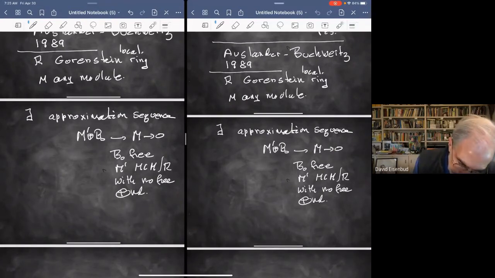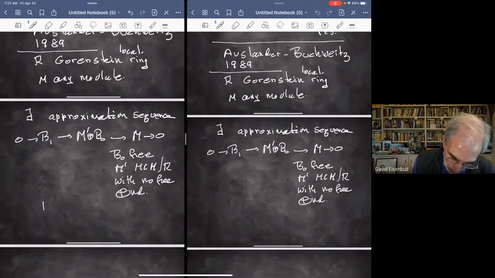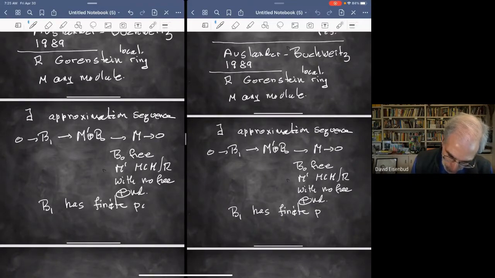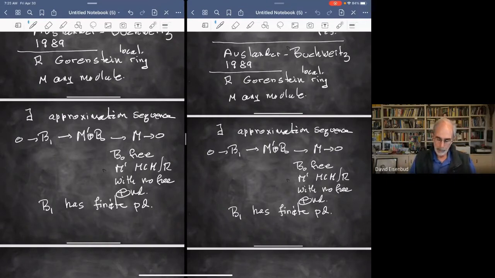And the kernel, I'll call B1, also has a special property. B1 has finite projective dimension. So you build any module out of a maximal Cohen-Macaulay module and a module of finite projective dimension.